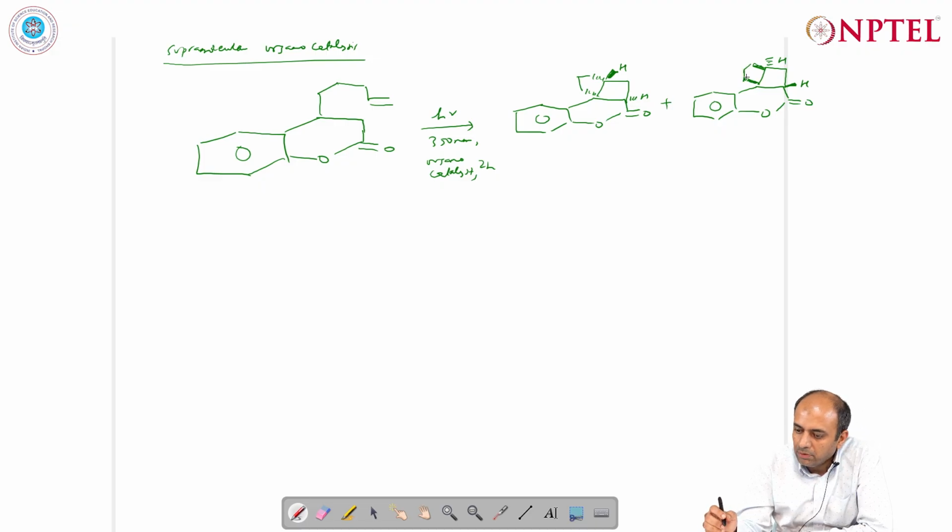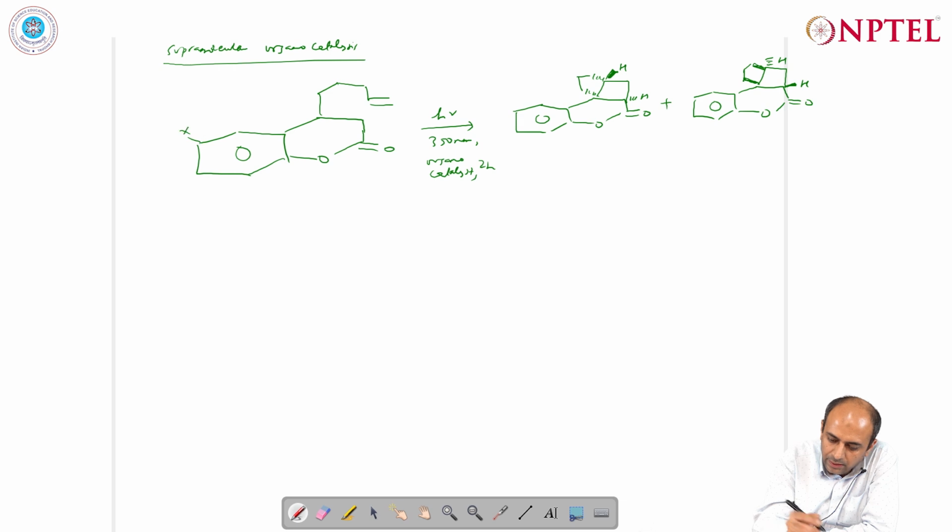So we have the mirror image of this enantiomer, and we have this X here, where X is equal to hydrogen, fluorine, and methyl, and so these enantiomers are obtained.